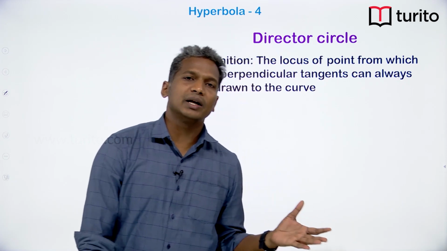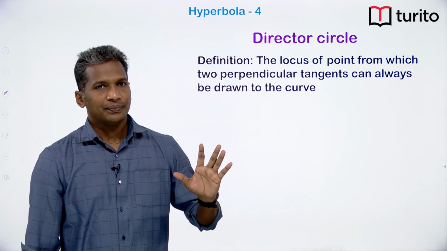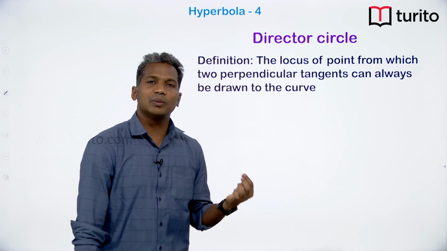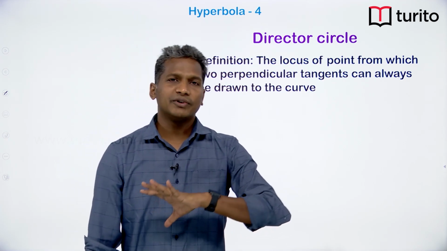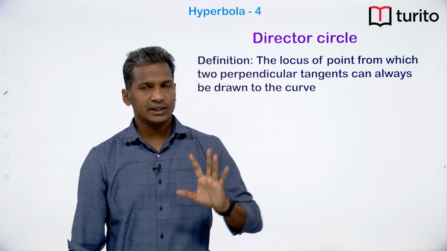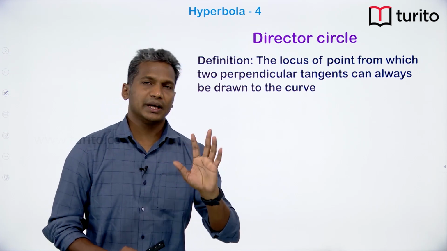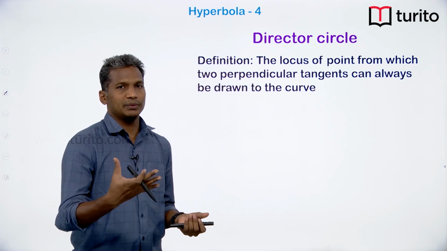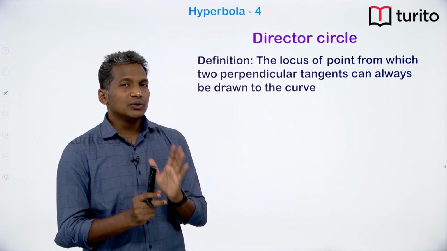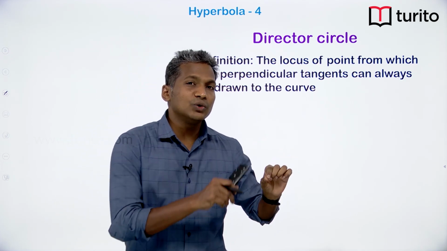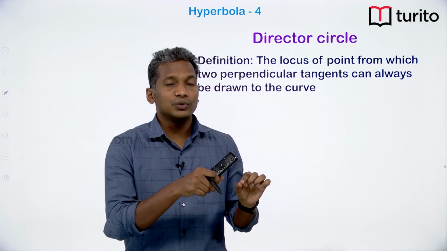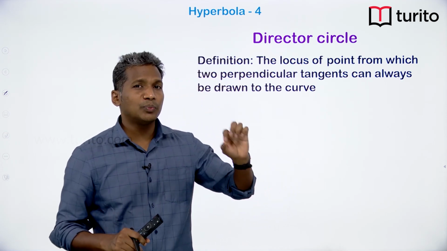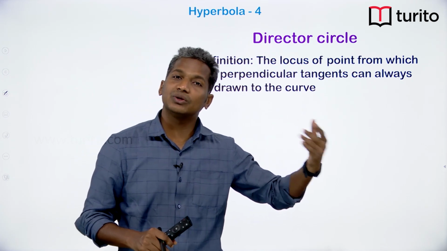Now, the given curve can be any curve. So, here it can be circle, parabola, ellipse, hyperbola, but for every curve director circle exists and it may have some equation. So, now coming to this, how do we solve this problem? So, here if you notice, the point from where two tangents are drawn, where two tangents are perpendicular, that point must be exterior to the curve.